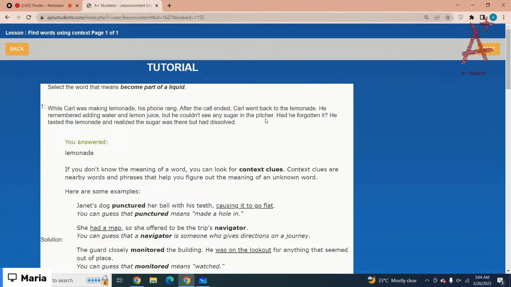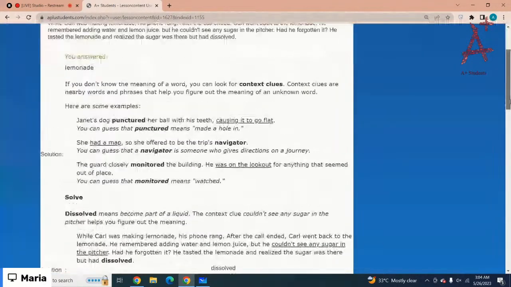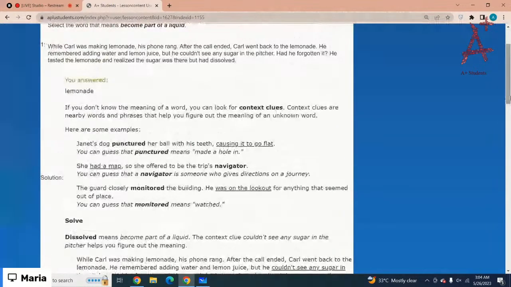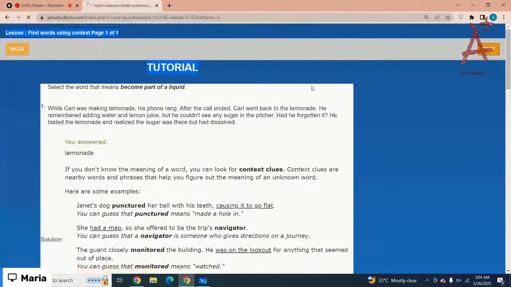He added sugar in the pitcher before the call, but when he came back, he didn't see any sugar in the pitcher. That means the sugar is dissolved. Dissolved means to become part of a liquid. Got it? So basically, he couldn't see any sugar in the pitcher is the context clue. Got it? Let's start with the test questions.